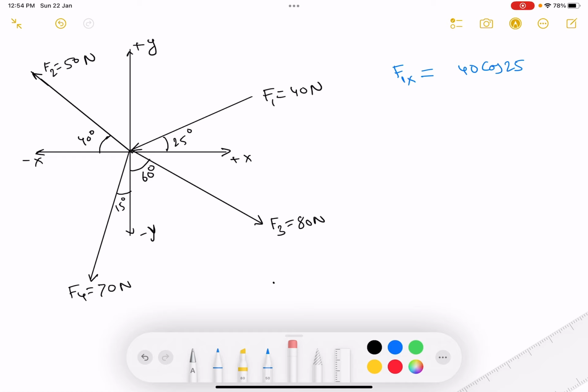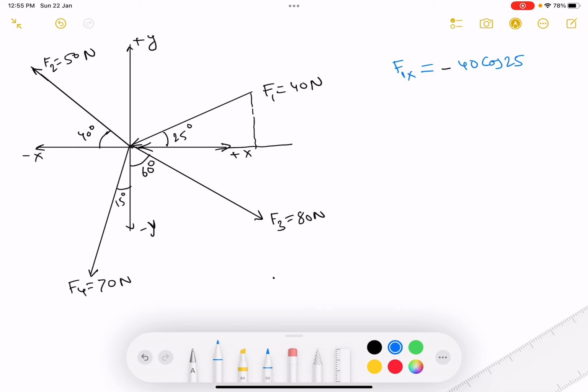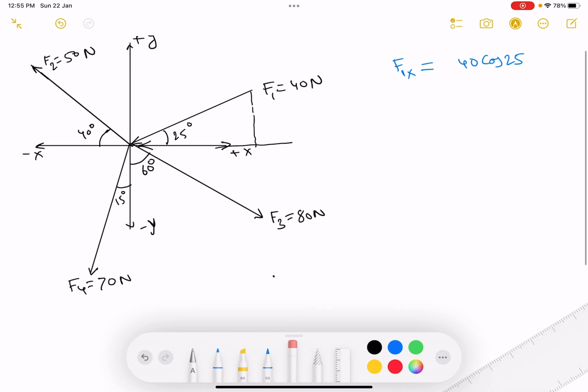That means when you resolve it, the direction after resolving is towards the left. Towards the left is negative, that means it is towards the negative x-axis. So it is minus 40 cos 25. That is F1x.